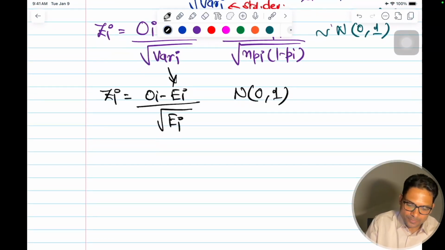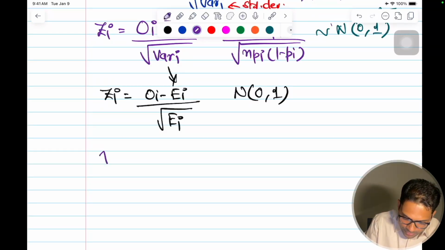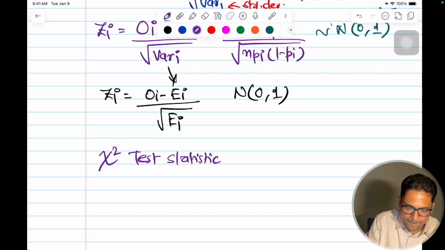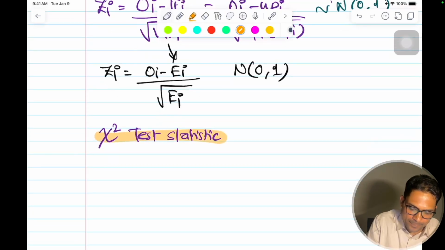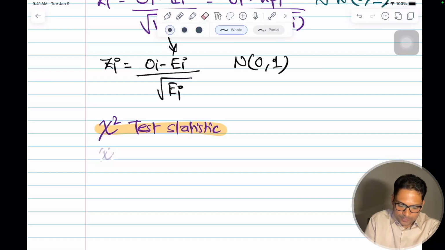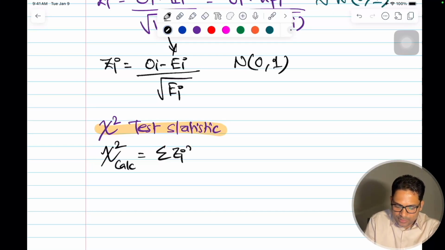So what is your chi-square test statistic? This is your fancy x square, the chi-square test statistic. I'll use another color. The chi-square statistic is calculated by squaring all the Zi's that we have got, so it is equal to sigma Zi square.